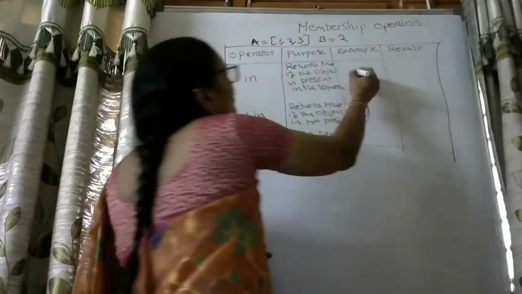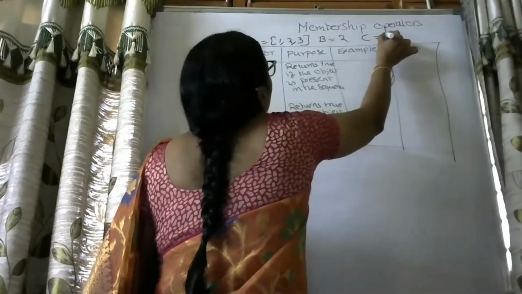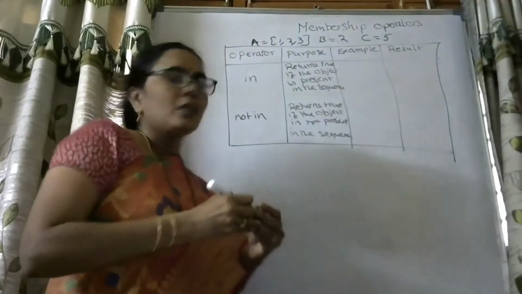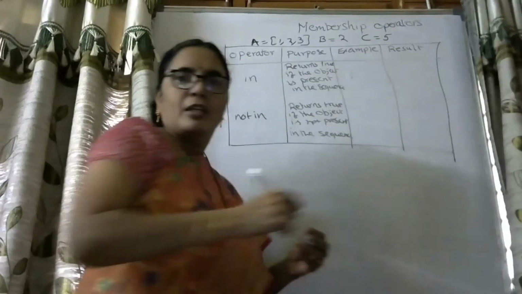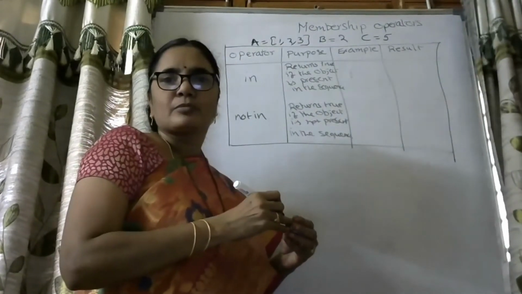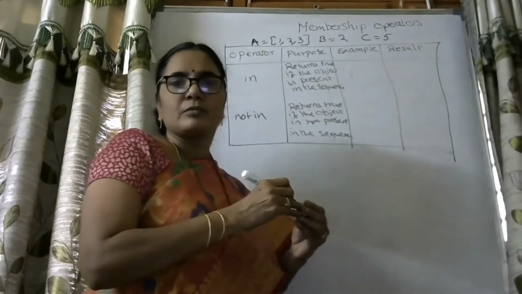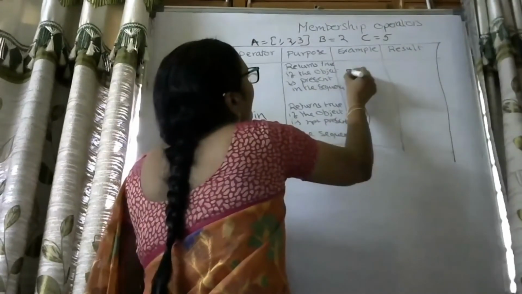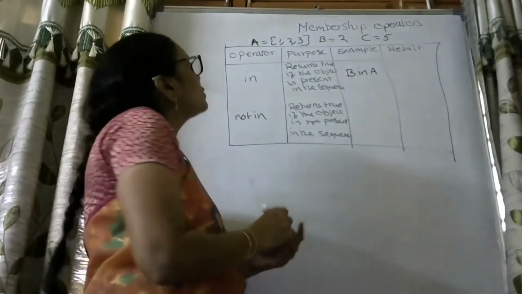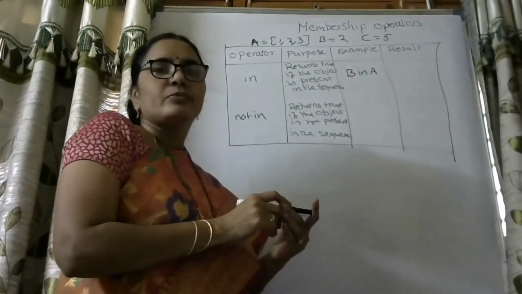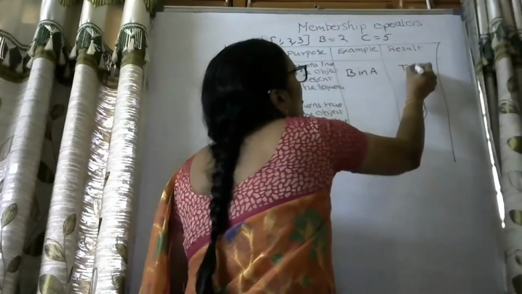If I write B in A, as 2 is available as one of the data members in the list, this will give true.